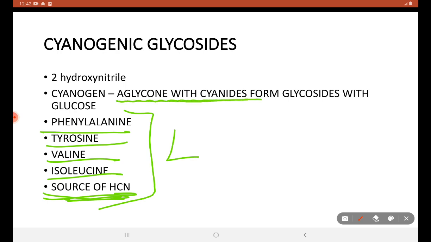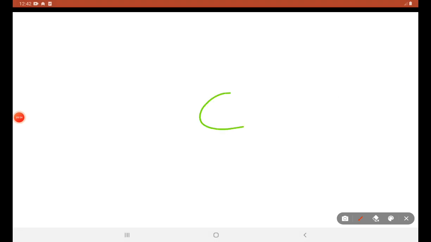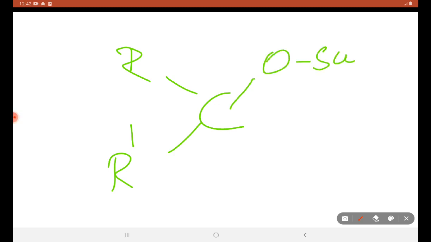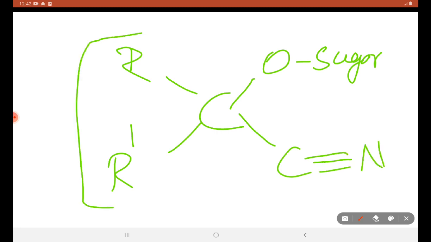They are linked with glucose with a glycosidic bond. This is the example of cyanogenic glycosides. For the structure of cyanogenic glycosides, we have two R groups, an O group attached with sugar, and another carbon group attached with N.